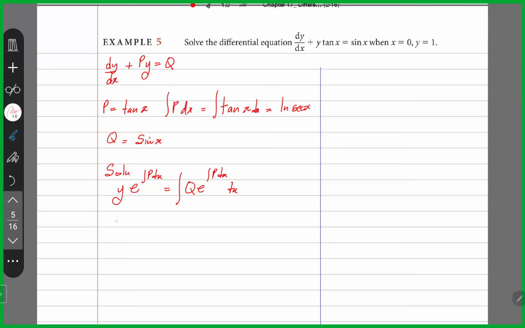So this would be y e to the ln sec x is equal to the integral of q, which is what? Sine x, e to the ln sec x dx. Sorry, it's not ln x, it's ln sec x.